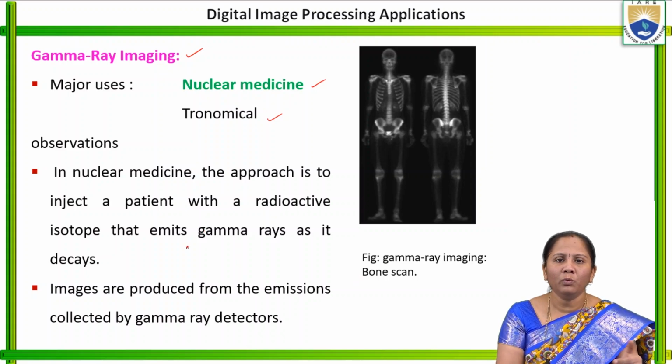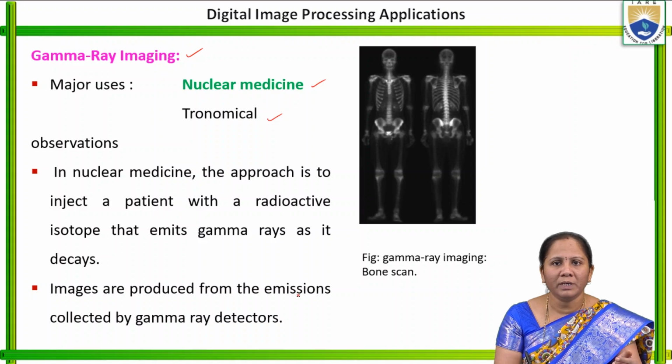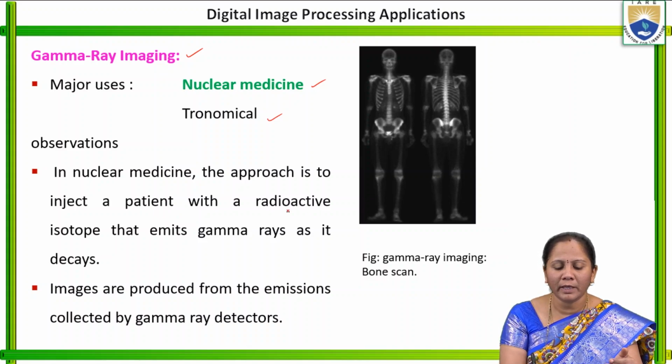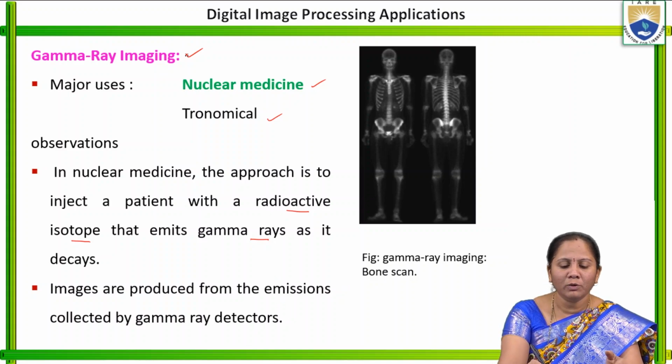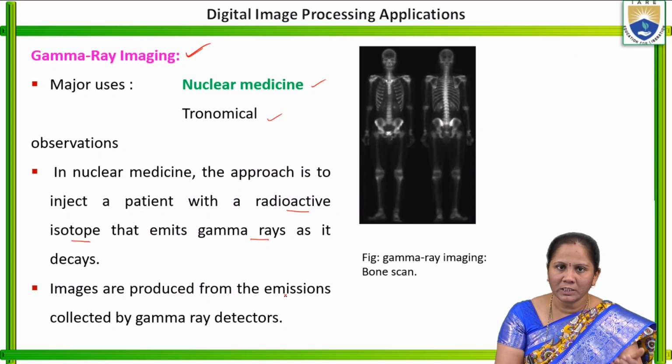How is it used in nuclear medicine? We inject the patient with a radioactive isotope, and it emits gamma rays as it decays. Generally by using this technique, images will be generated.